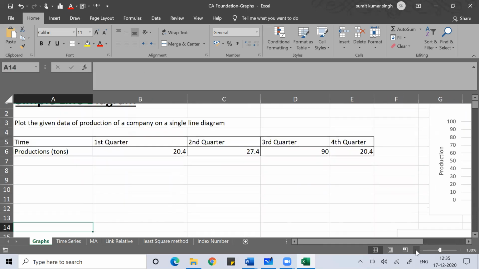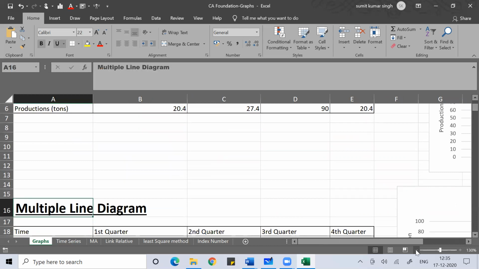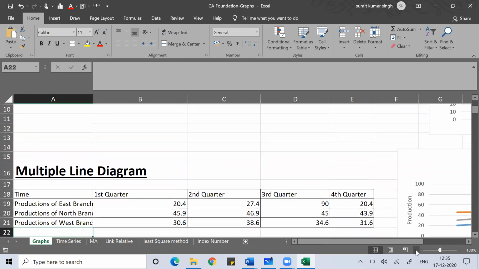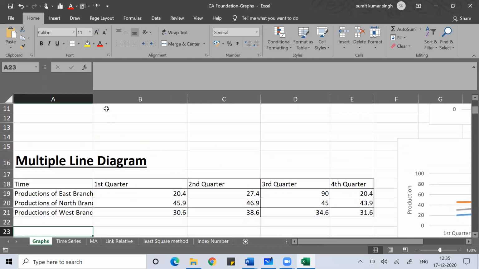Then the next thing we'll discuss is the multiple line diagram. In the case of simple line diagram, I considered one variable. In the case of multiple line diagram, I'll consider multiple variables.